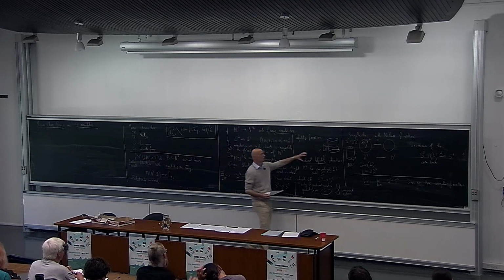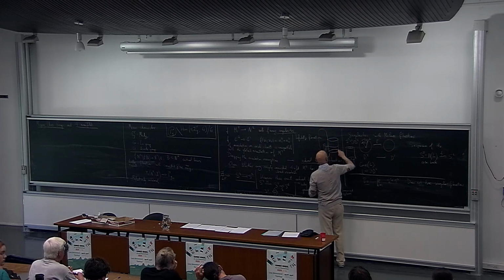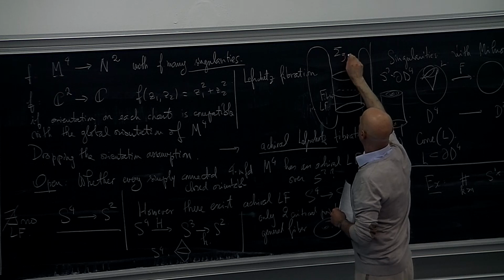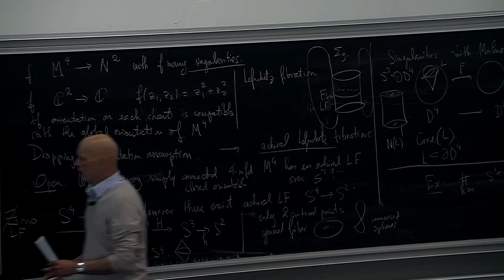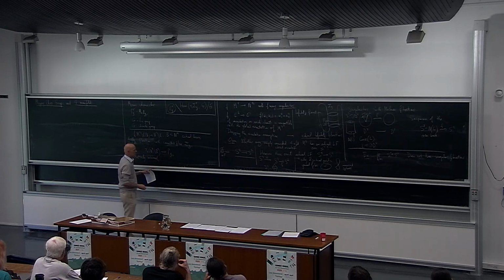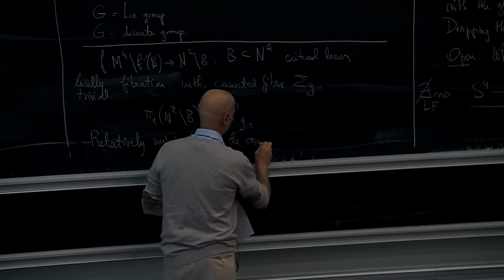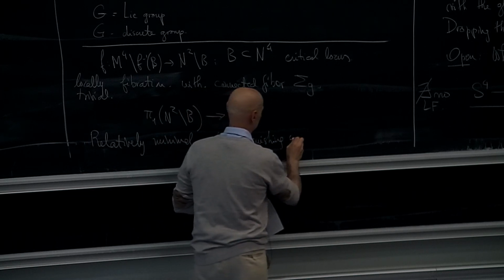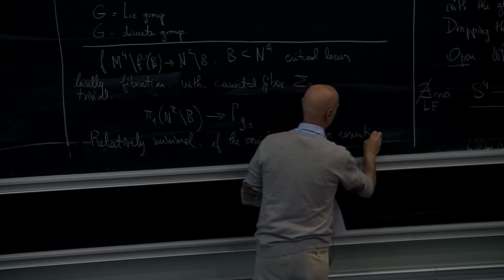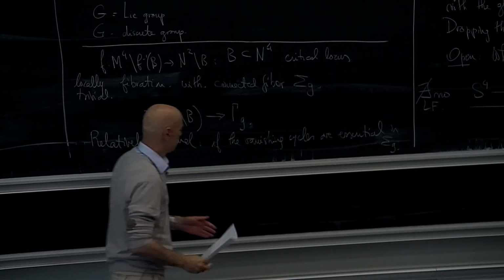This is locally around the singularity, but otherwise here you have the generic fiber sigma G, and we call it a relatively minimal Lefschetz fibration if the vanishing cycles are essential curves in the generic fiber sigma G.